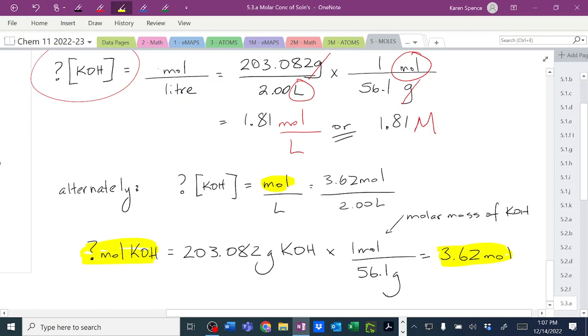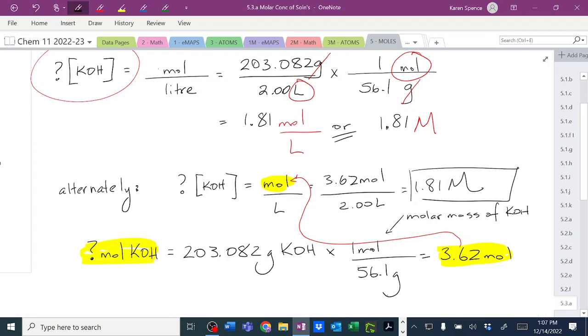I take my moles and I plug it in up here. And we get 1.81 molar. So whether you choose to do it in 1 step or whether you choose to do it in 2 steps, totally up to you. Either way is good.